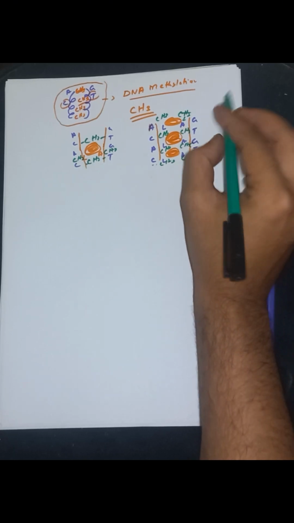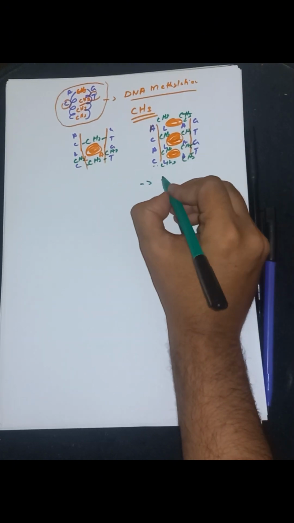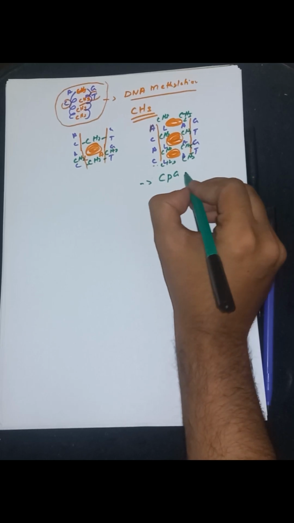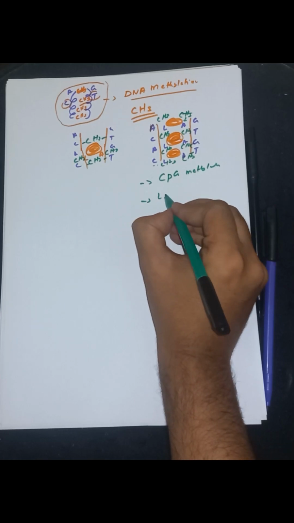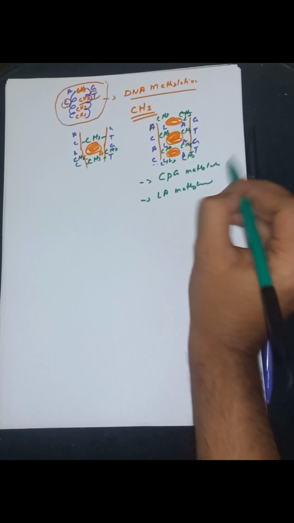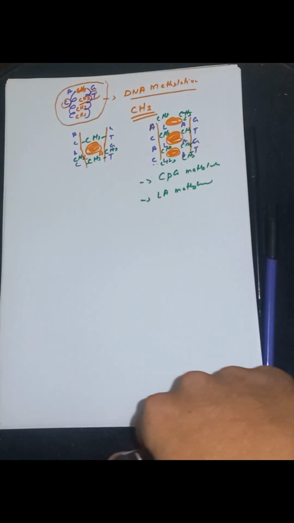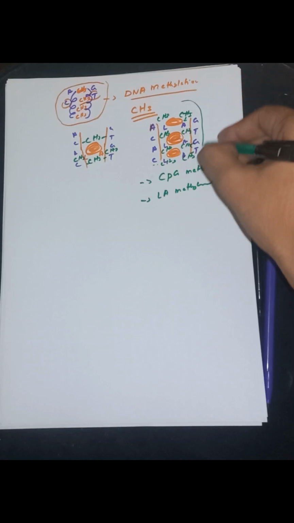We can say that there are two types of methylation occurring here: CpG methylation and lysine-arginine methylation. These two groups are getting methylated here, methyl is coming here, and what is it doing? It is definitely making it hugely condensed.